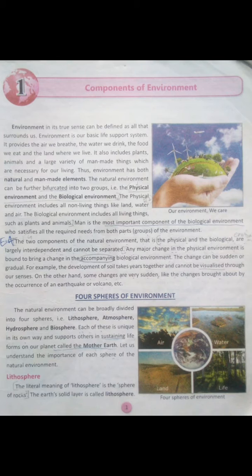Major changes in the physical environment are bound to bring a change in the accompanying biological environment. If there is any change in the physical environment, it will show on the biological environment.